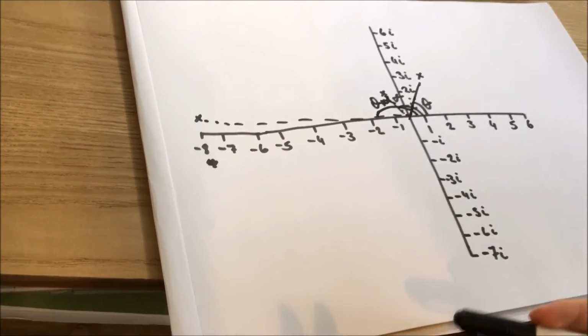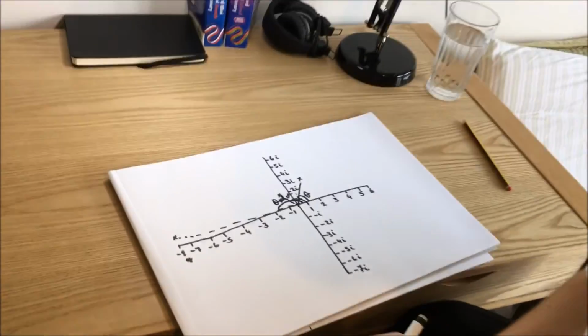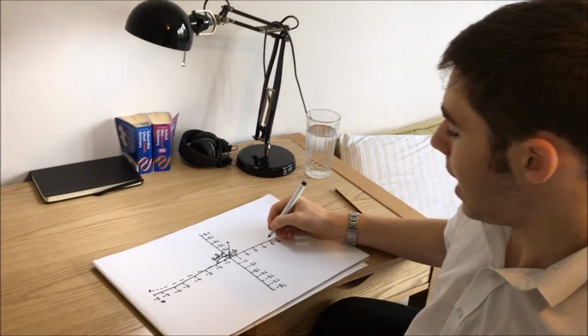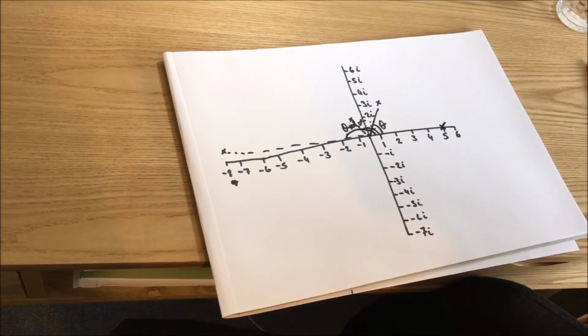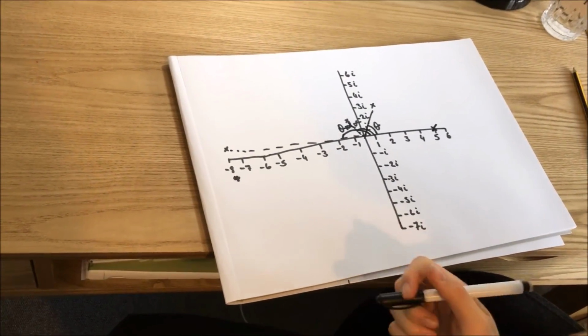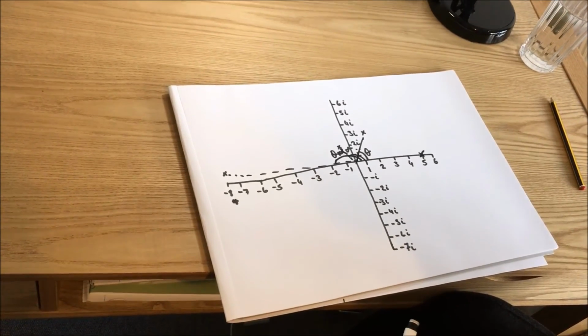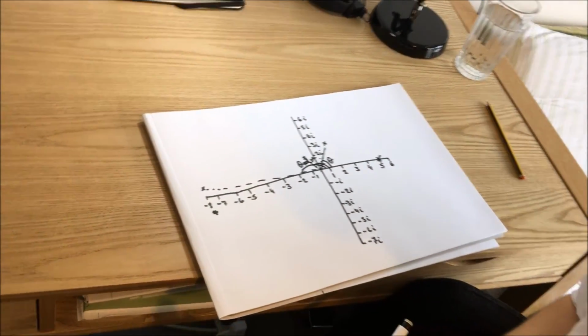So, let's say I have a point and I want to rotate it a certain number of degrees. Let's take this point here, 5 plus 0i. And I want to rotate that 90 degrees anti-clockwise. Well, I want to find another complex number to multiply it by, whose angle is 90 degrees anti-clockwise from the real axis, or it's perpendicular to the real axis, and its distance from the origin is 1.